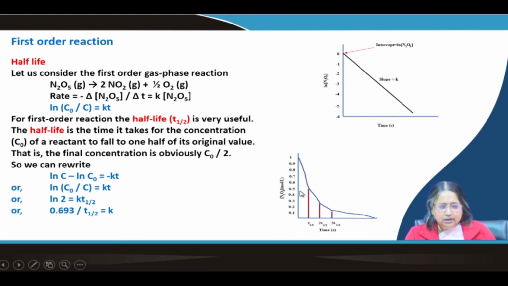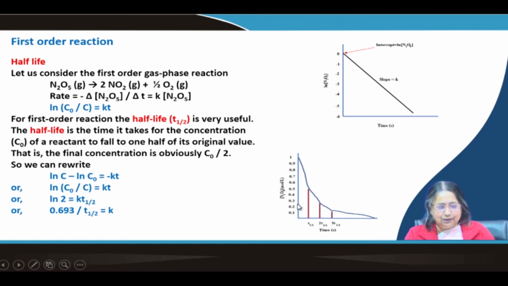Now, you start with 0.5. Half of 0.5 is 0.25. How much time will it take to come to 0.25? Corresponding to that, this time is T half. If you consider from the 0 point, then it is 2 into T half.